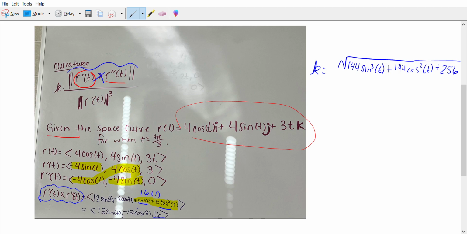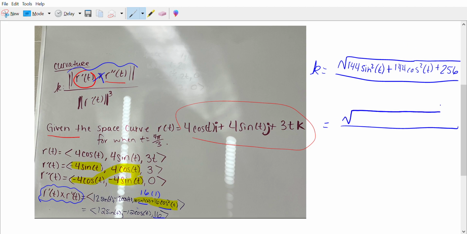Okay, the next piece is we could go ahead and write out the denominator, but what I did in class was finish working the numerator. I know that this part here becomes 144 times 1, which is 144, plus 256.